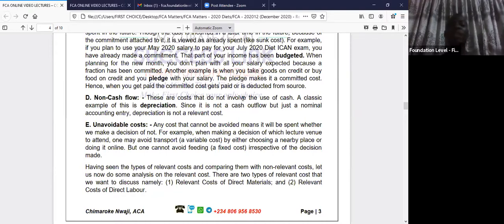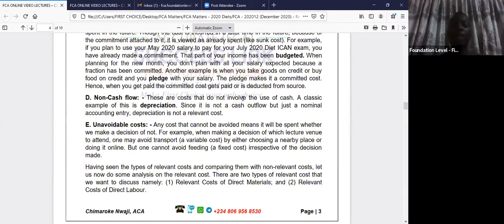So whether you take the decision to learn or not, you cannot run away from the decision to eat. So you must spend that money. So that is irrelevant cost. So you cannot be using feeding as a relevant cost.